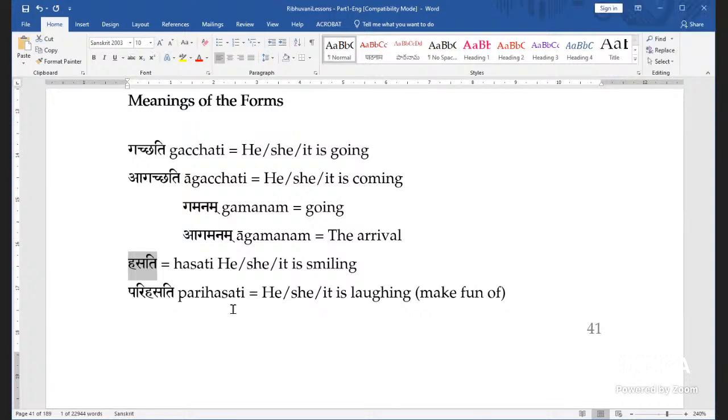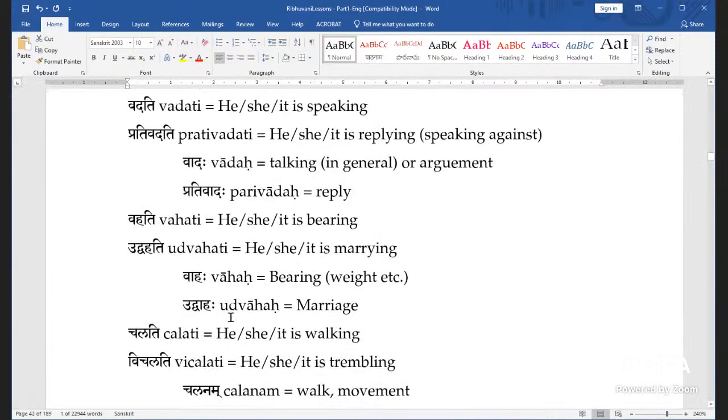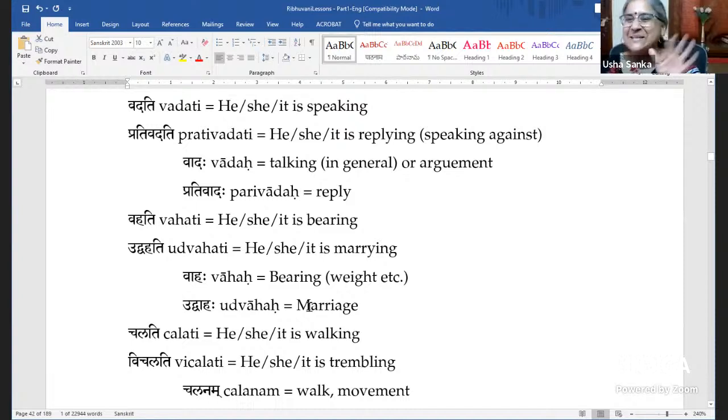No, first of all, they kind of have the same verb root, so they are similar. And the second observation, it's very funny that udvahati, vaha, udvaha, like marriage and bearing heavy weight. True. This is a great fun point.